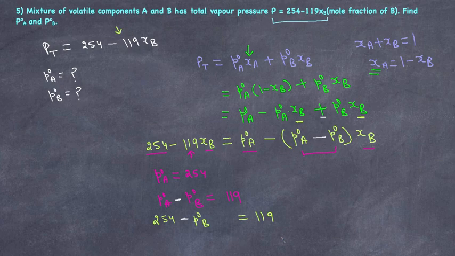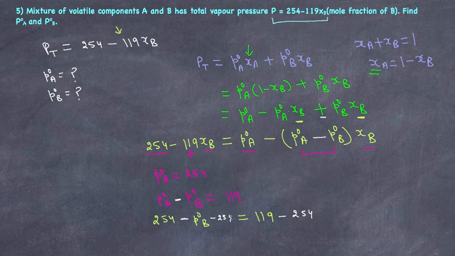So now let's subtract, if we subtract 254 on both sides, so 254 minus 254.